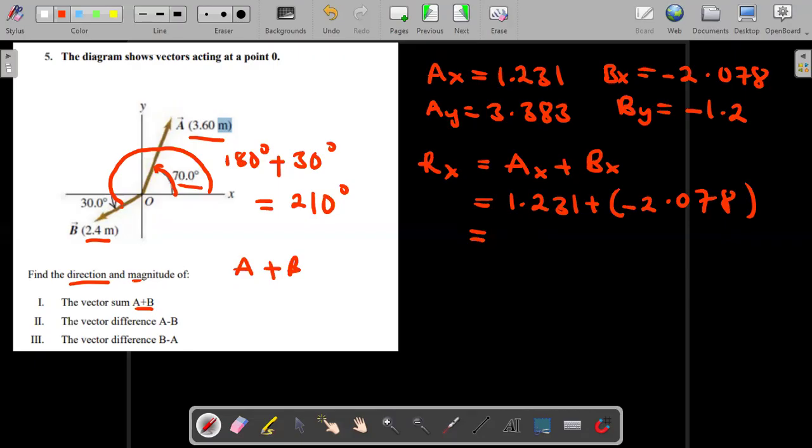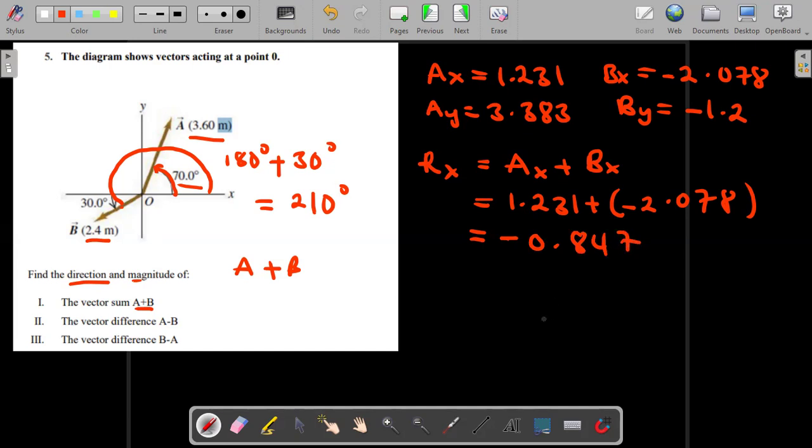So I'll be subtracting 2.078 from 1.231. I subtract that, and this gives me negative 0.847.